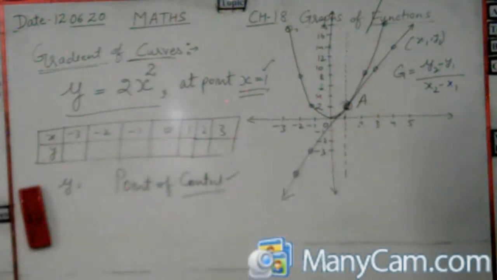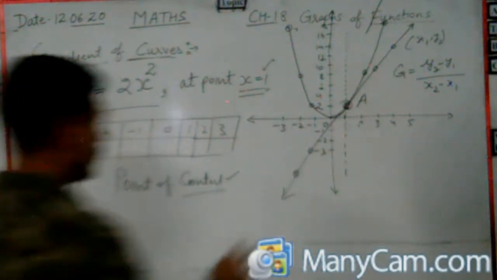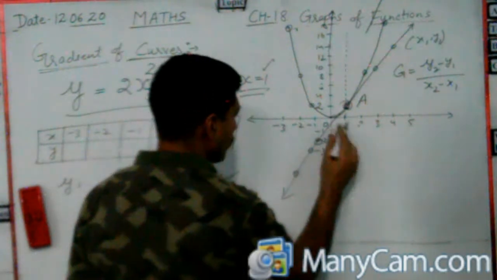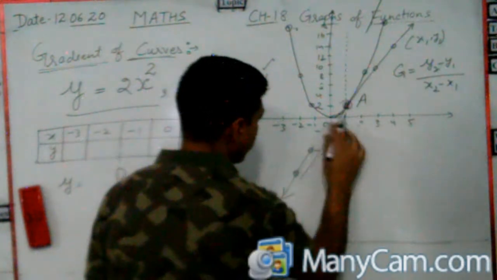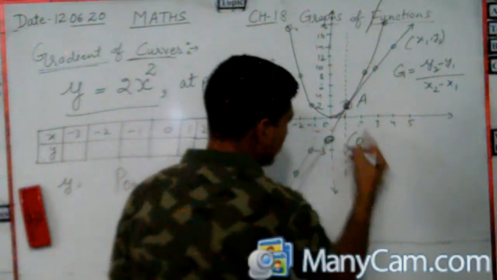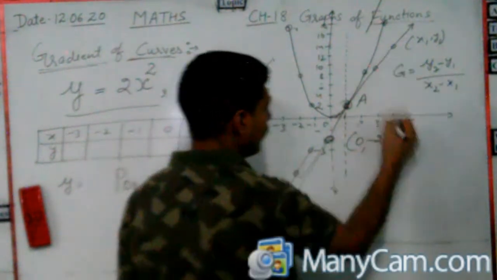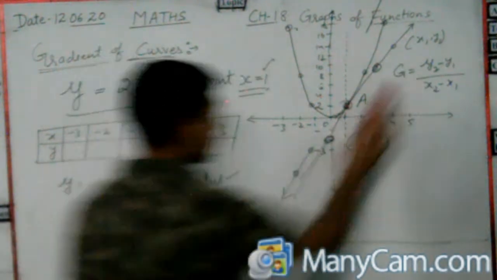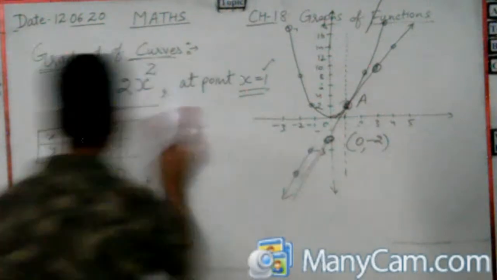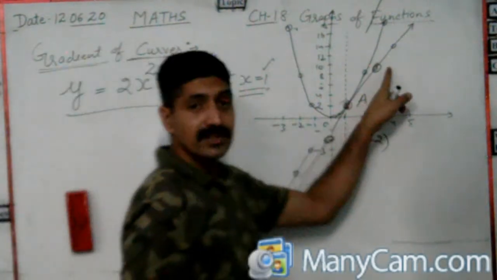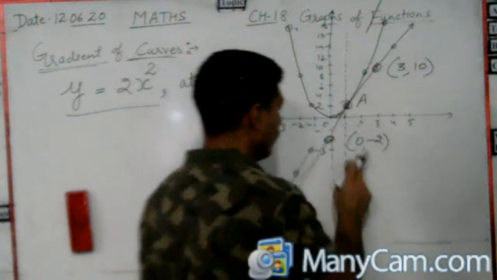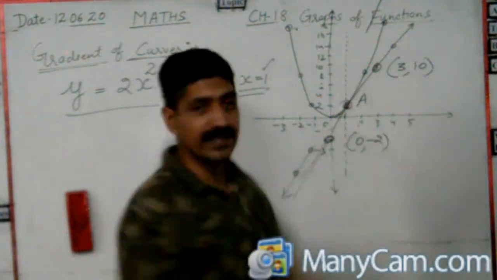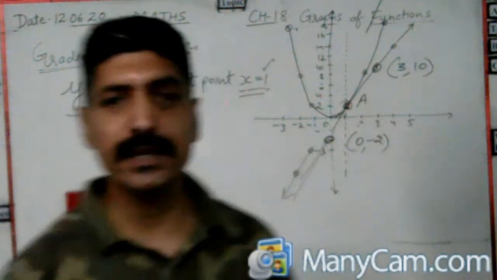Here they have chosen two points. One point in the book is 0 and minus 2, that is x is 0 and y is minus 2, and the other point is 3 and 10.